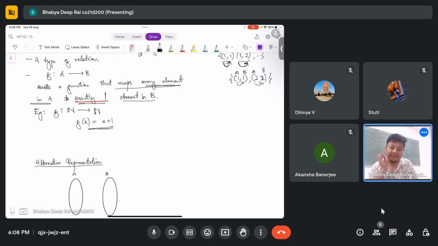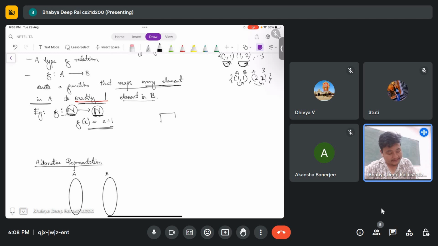The most popular way to look at functions is f maps from natural numbers to natural numbers. It means this is my set A, this is my set B. In other words, my function takes an input from this set and gives me an output from this set.